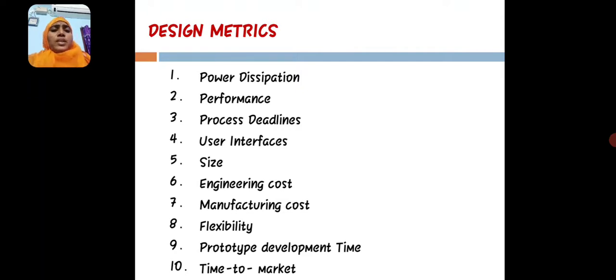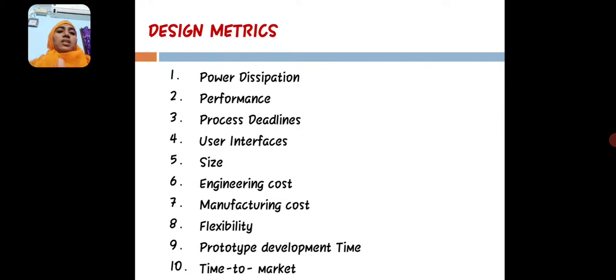Next are two points on cost: engineering cost and manufacturing cost. Engineering cost is how many people are working on that system and how much salary we are giving to those engineers. To prepare any embedded system, we need an engineering team, and the salary we spend on that team comes under engineering cost.